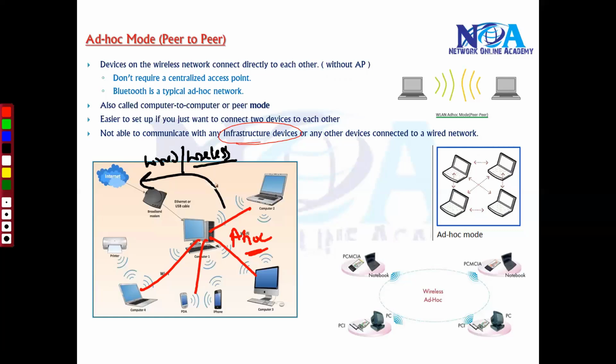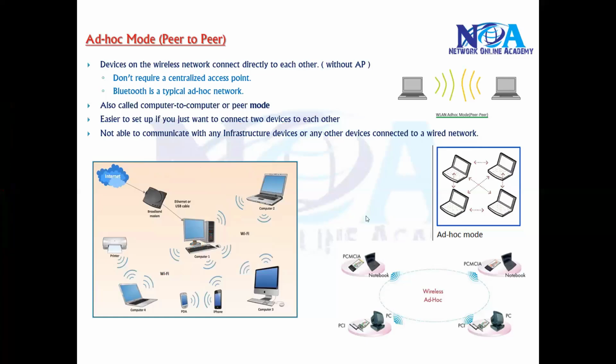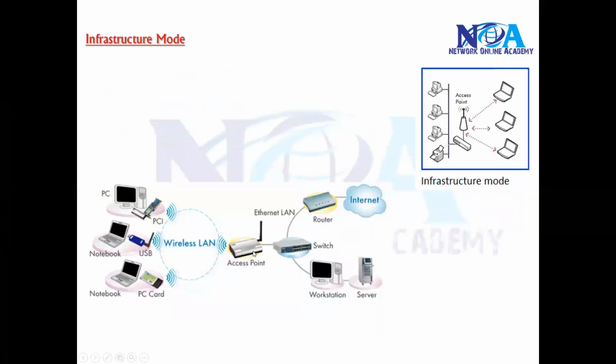That communication may not be possible, unless you do some kind of bridging, because you can bridge this interface and still allow the communication, but by default that's not possible. So by default that ad hoc network will not be able to communicate with any other wired or wireless network unless you do some kind of bridging and other options. That is one kind of limitation we can say with this.